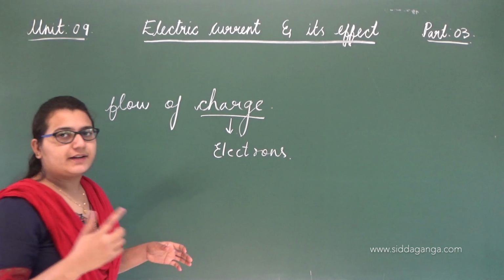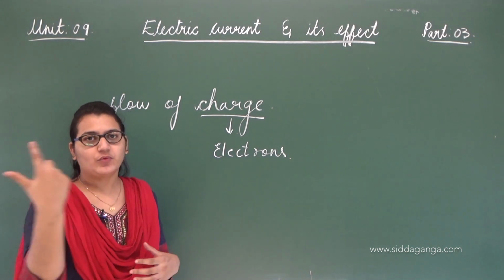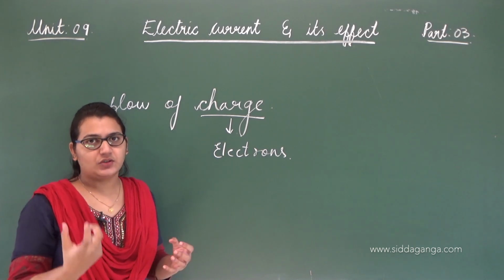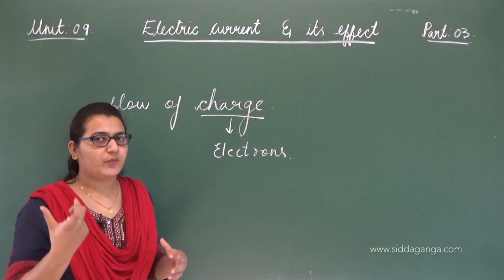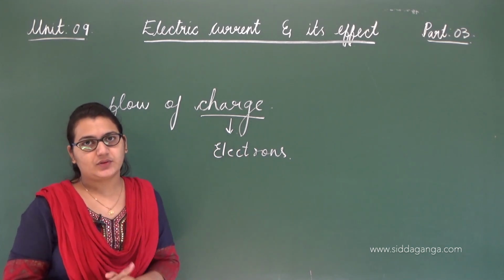We have learnt about this whole story of electrons. These are present in the atom, and they move outside the nucleus. So that flow of electrons constitutes the electric current.